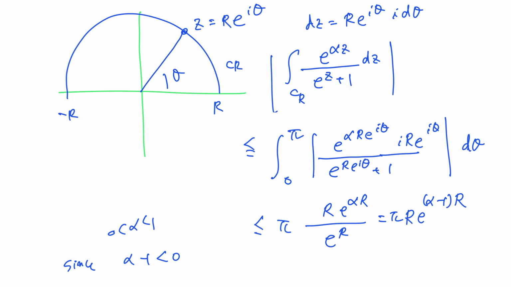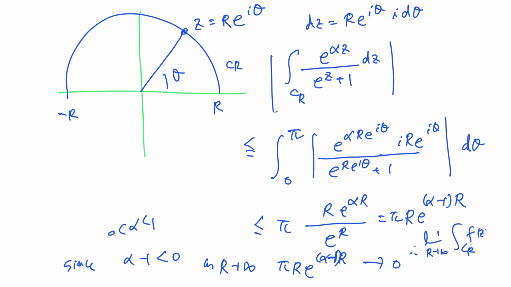So as r goes to infinity, this pi r exponential alpha minus 1 r goes to 0, right? This exponent is negative. The exponential function goes to 0 much faster than r, so the whole thing goes to 0, right? So, therefore, as the limit goes to infinity, the integral over CR of f(z) dz goes to 0.